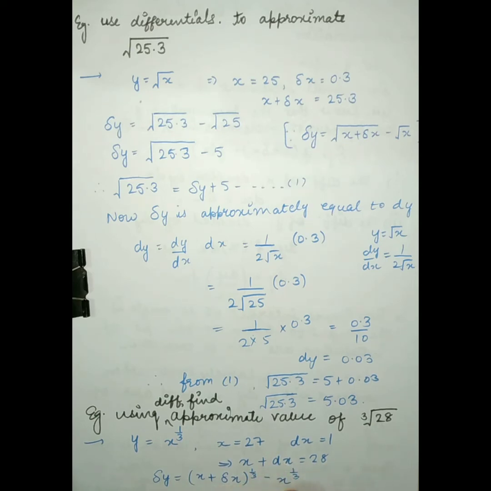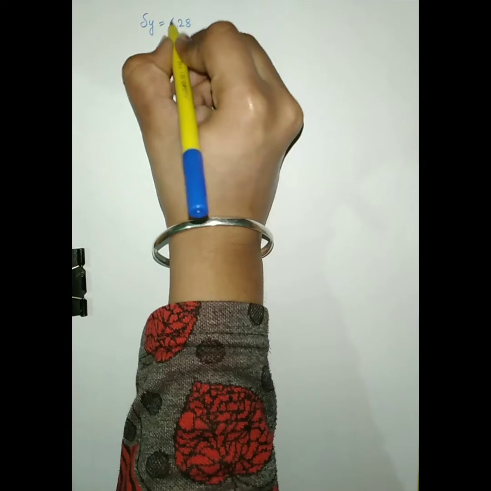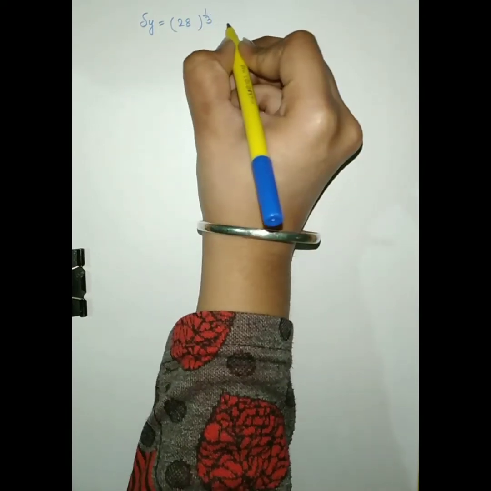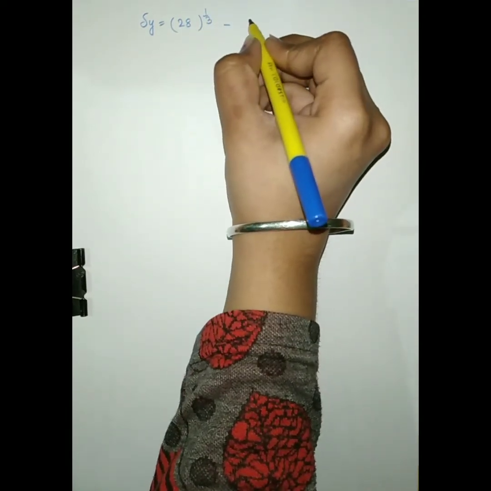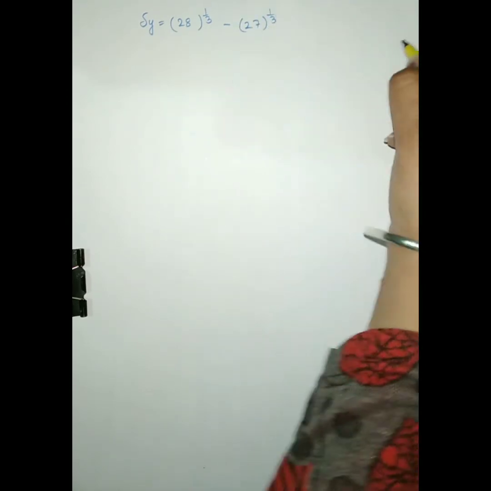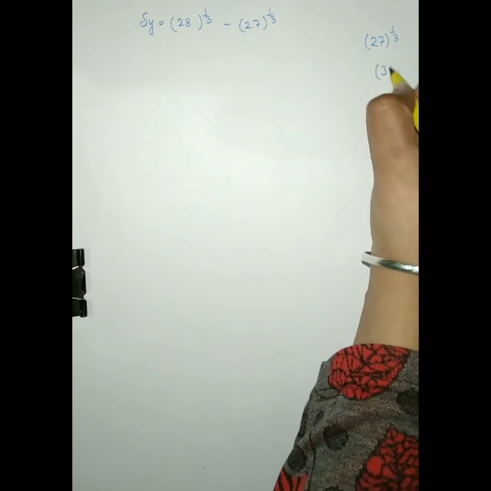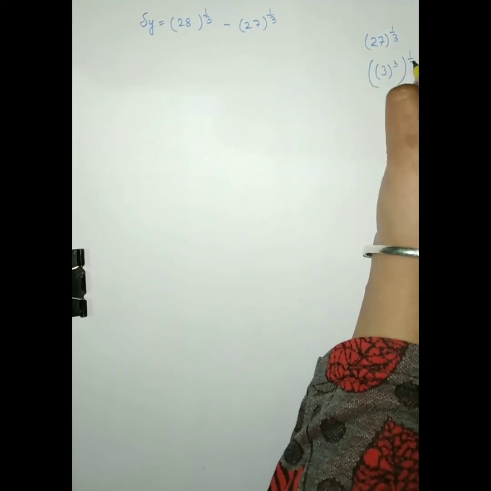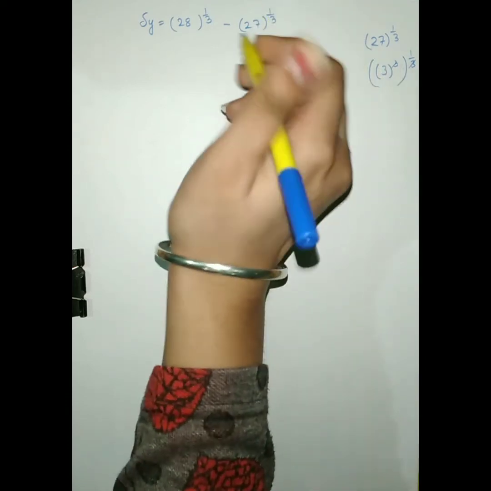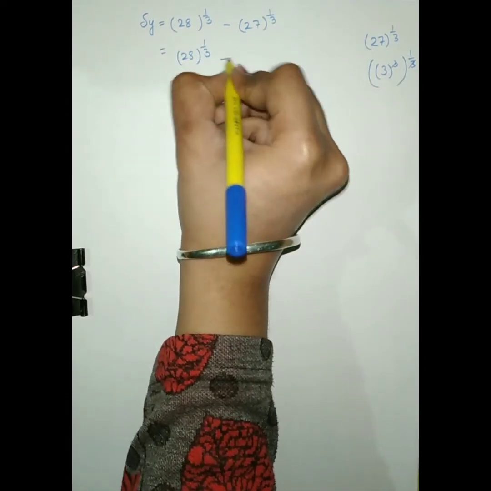Then we get del y equals 28 raised to the power 1 by 3 minus 27 raised to the power 1 by 3, and 27 raised to the power 1 by 3 will become 3 cubed raised to the power 1 by 3. Here the 3 will be cancelled out and here we get 3. That means 28 raised to the power 1 by 3 minus 3.